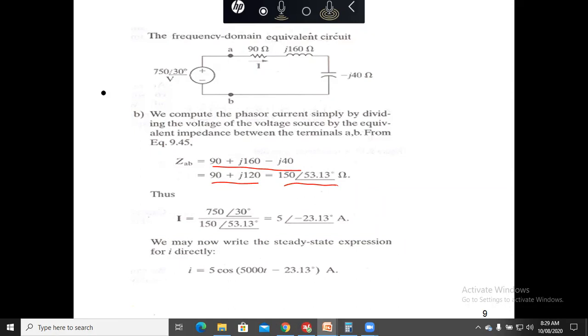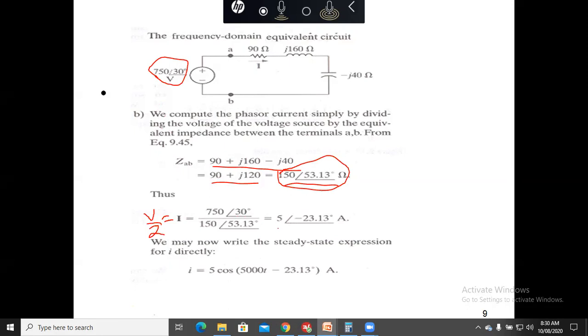How can we calculate the current? We calculate the current by dividing the supply voltage by the equivalent impedance Z. This V is 750 at 30 degree, and this impedance is 150 at the angle of 53.13 degree.